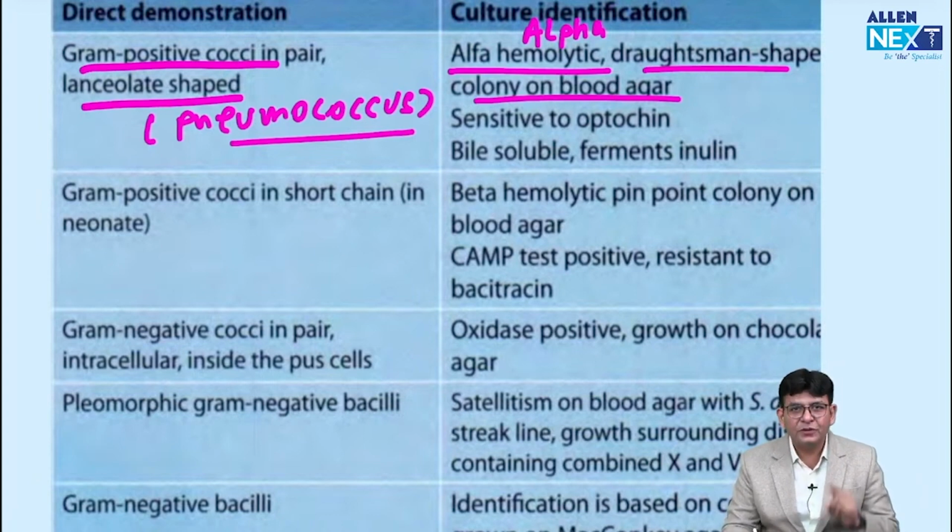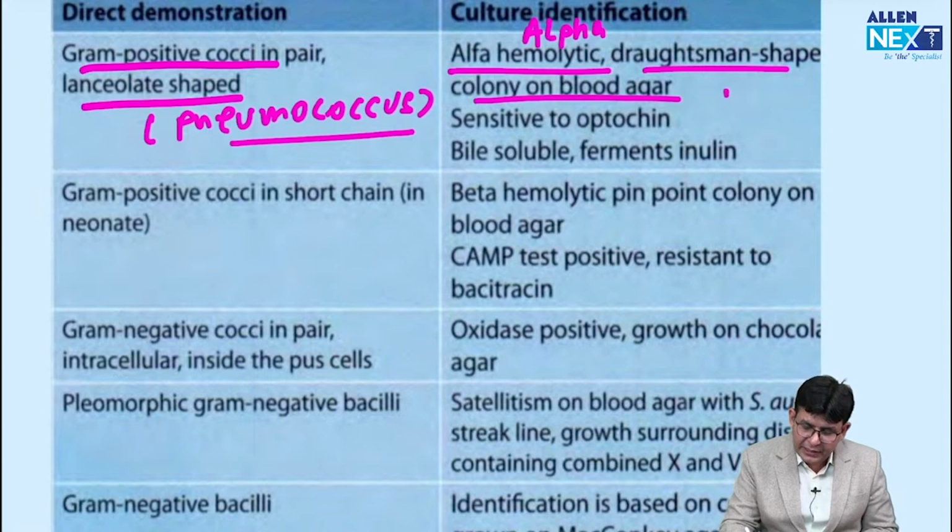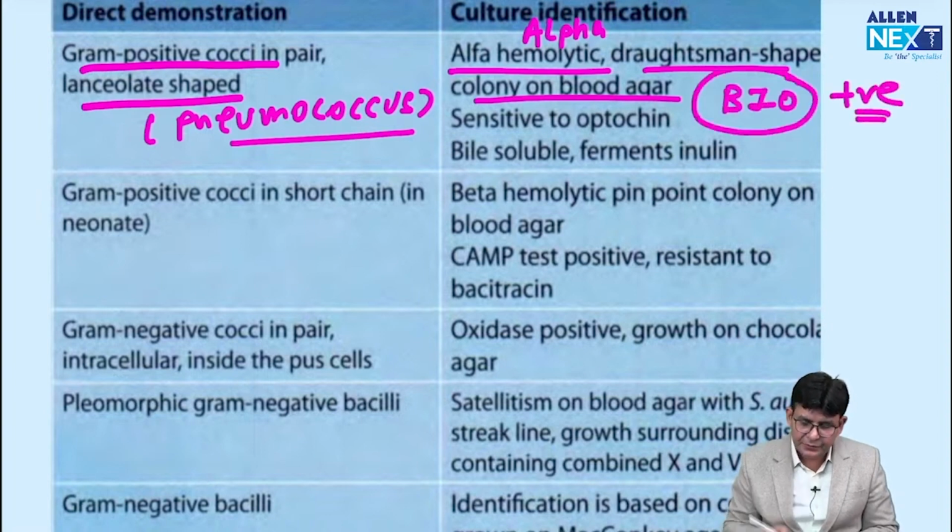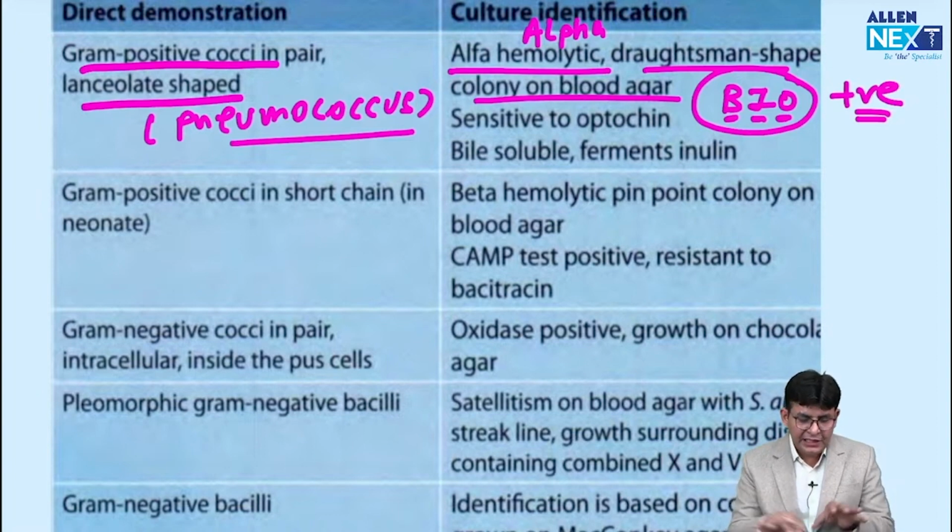And if you remember that particular mnemonic which I used to tell, BIO, it is BIO positive. And what is BIO positive? Bile soluble, inulin fermenter, optochin sensitive. So these will be there in the exam, and they will be asking which particular meningitis. So they are talking about streptococcus pneumoniae, that is pneumococcal meningitis.